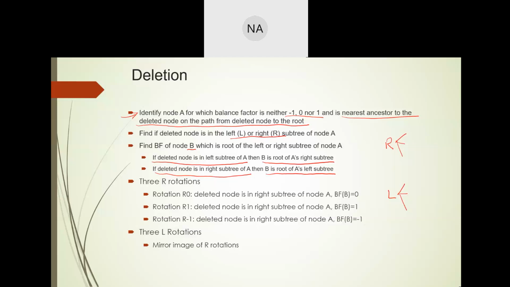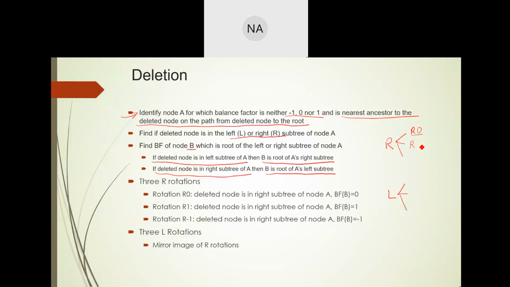If the balance factor of node B is 0, it is called R0. That is, a node is deleted from the right subtree of node A, and the balance factor of node B, which is the root of the left subtree of node A, is 0, then that rotation is called R0.